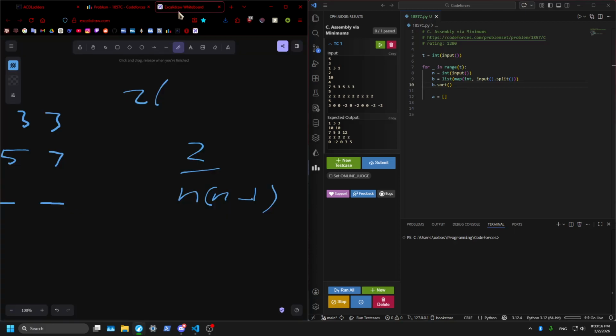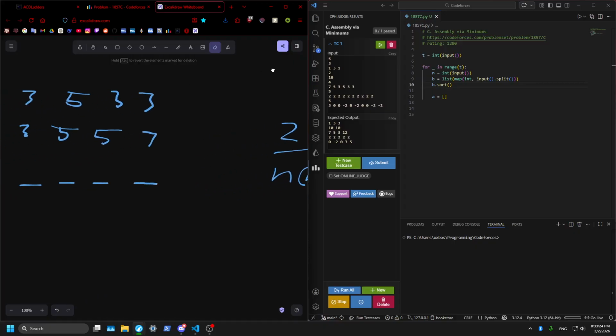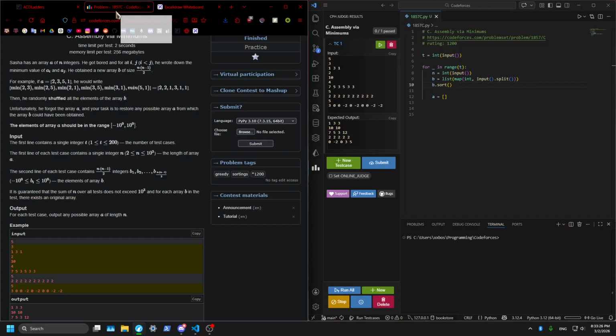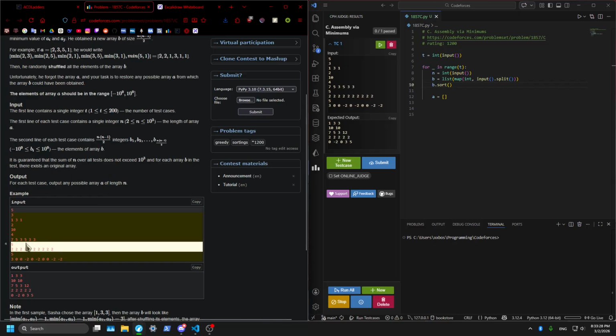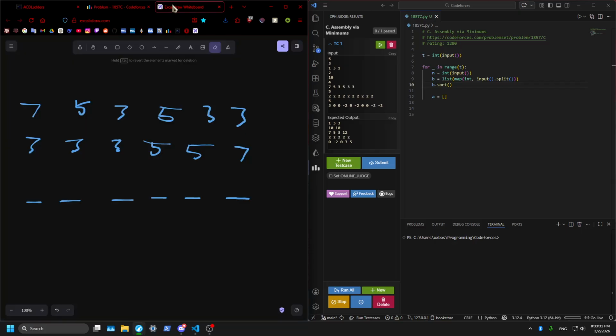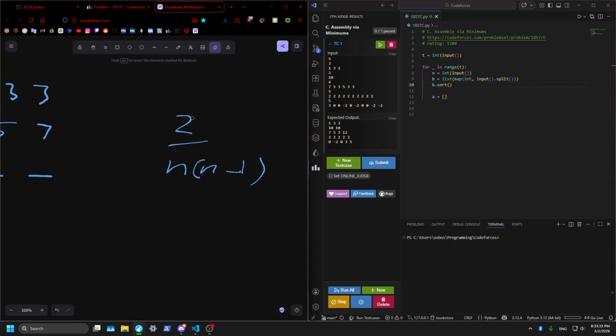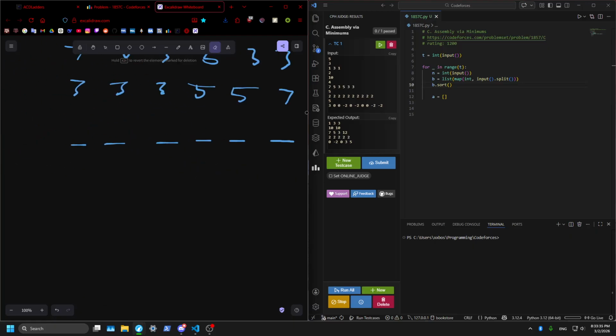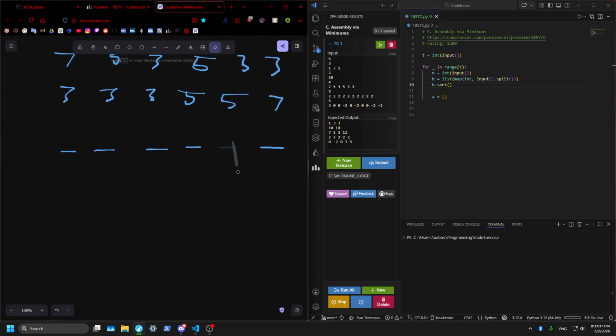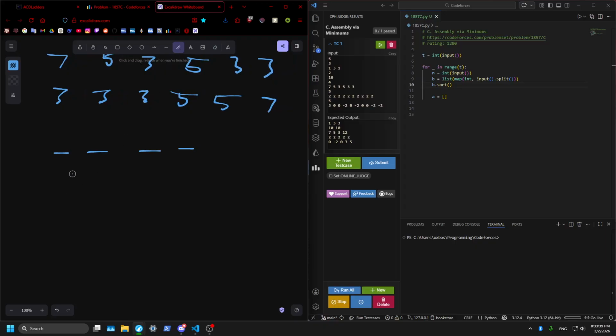If A is 4, B is 6. Oh, we're given the length of A is 4. Since the length of A is 4, we don't need to worry about all this. 1, 2, 3, 4. So min, min, min, min, min, min.